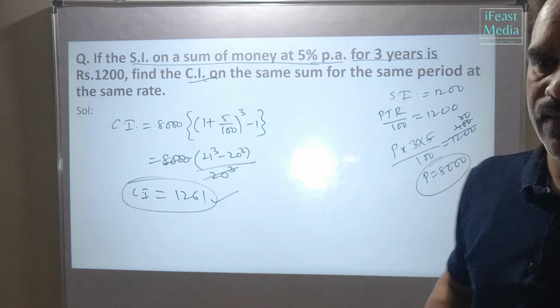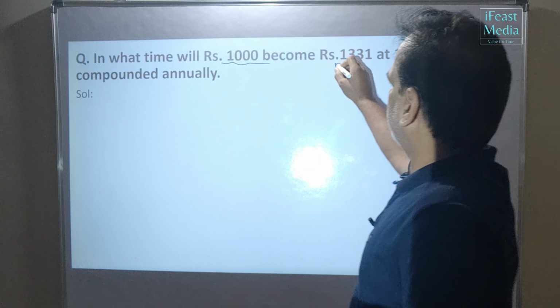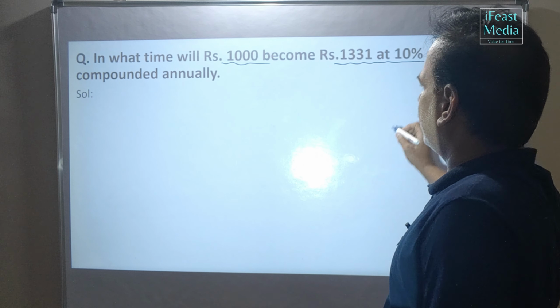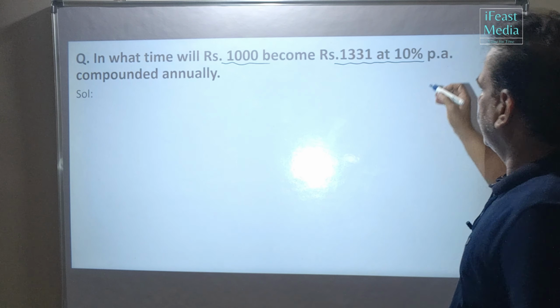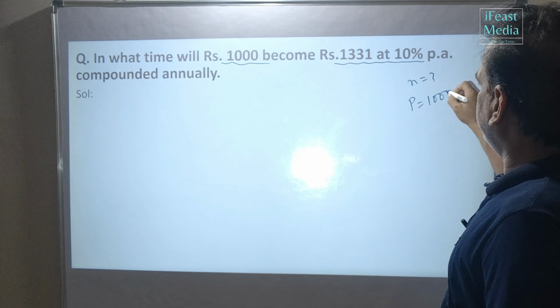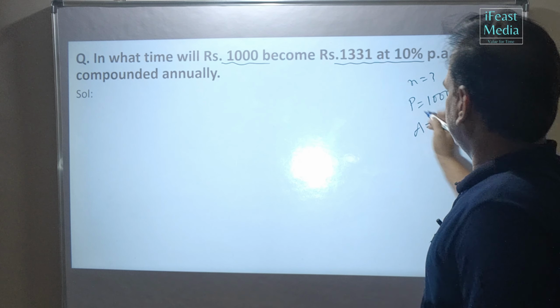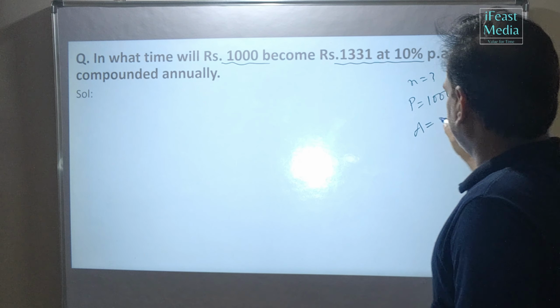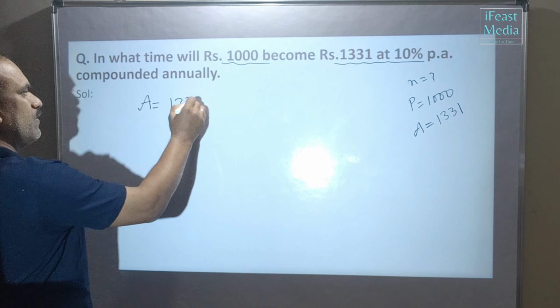Now in this problem, in what time will 1000 rupees become 1331 at 10% per annum compounded annually? Compounded annually, time unit is 1 year. In what time? You are asked to find n. What is the principal? 1000 rupees. What is the amount? 1000 has become 1331, so 1331 is the amount.